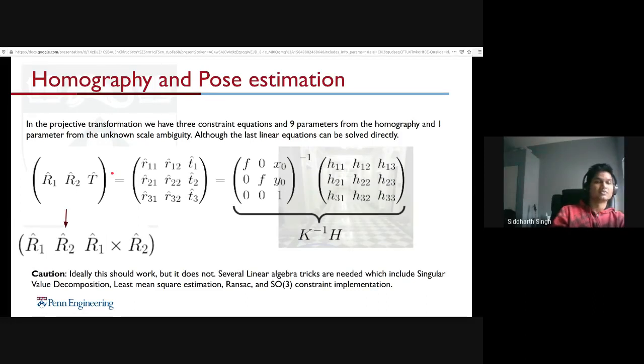So if I have R1 and R2, I am absolutely sure that R3 will be perpendicular to both R1 and R2. And the way to take the perpendicular is to take the cross product.